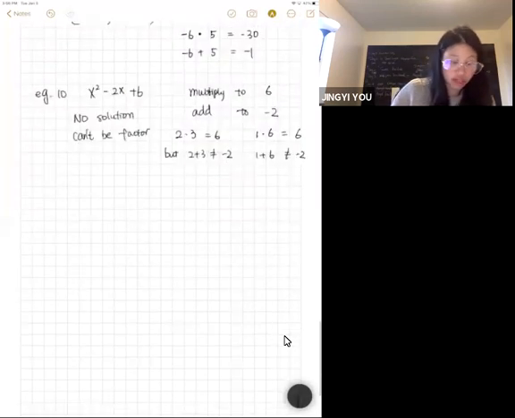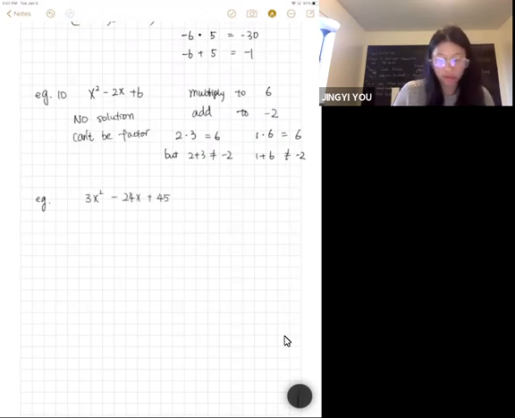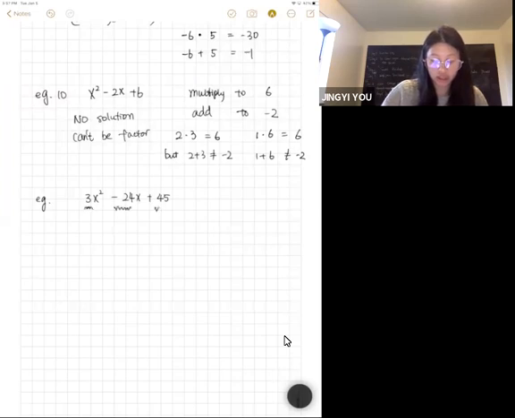Okay, so sometimes you will have a coefficient with the highest term, such as 3x squared minus 24x plus 45. For this one, what should you do? How can you do the AC method? Because the AC method requires that the first term should have a coefficient equal to 1. But now this is 3. Luckily, these three coefficients both have a common factor, 3.